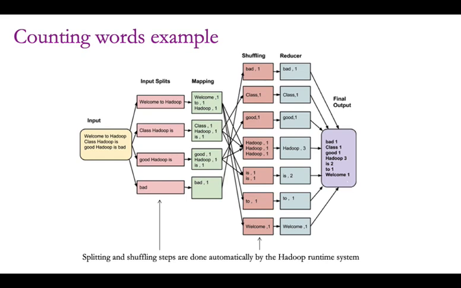So as a programmer, you just have to write the mapper and the reducer, and this shuffling and splitting of inputs is done automatically by the runtime system. And if you've thought carefully about your problem and you understand what map and reduce do, you should be able to break your problem into a map and a reduce that will somehow solve it.